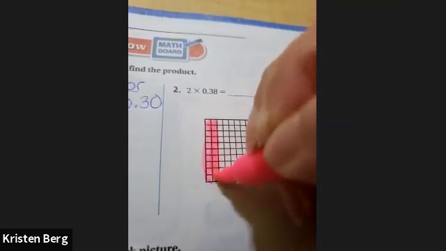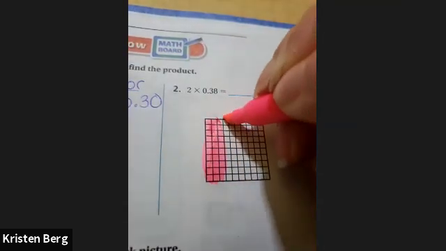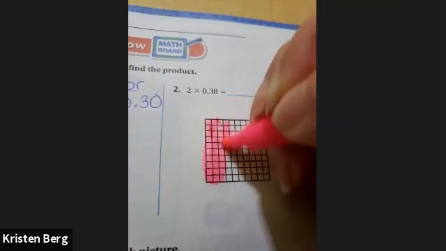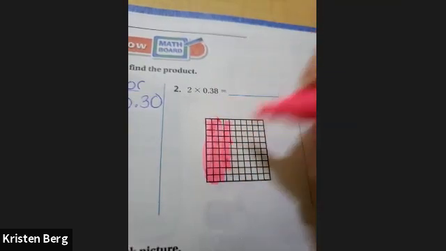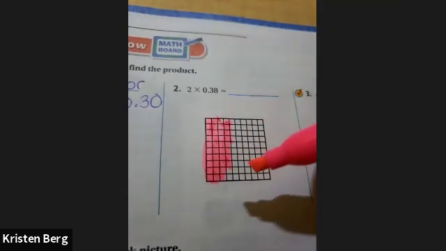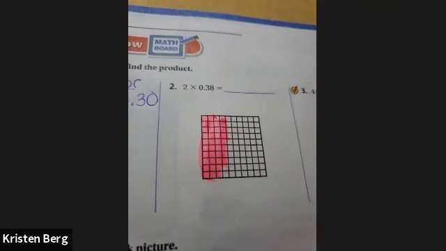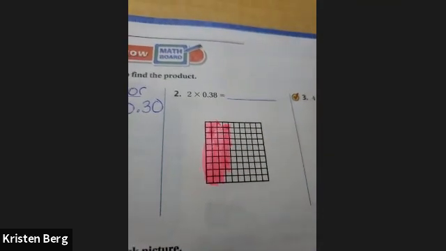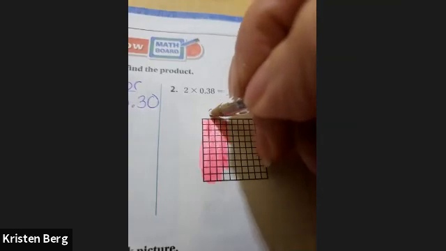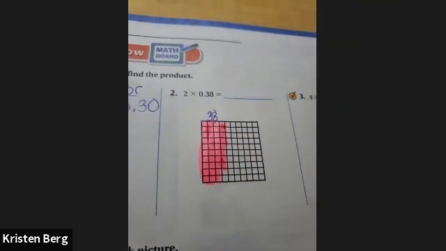So that means 3 longs and then 8. So that's 38 hundredths. All right, now the next one I'm going to do, I've got to do one more group of 38. So here was one group of 38 hundredths. Now I'm going to come over here and do another group of 38.